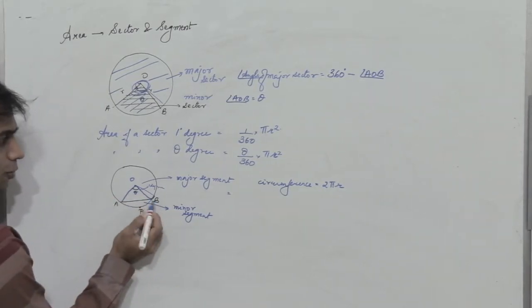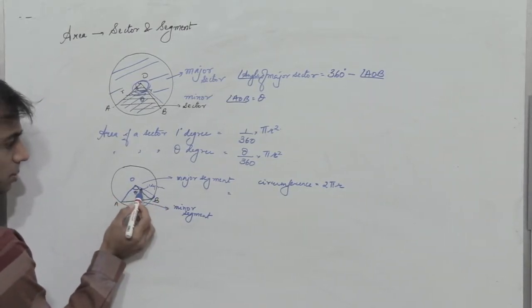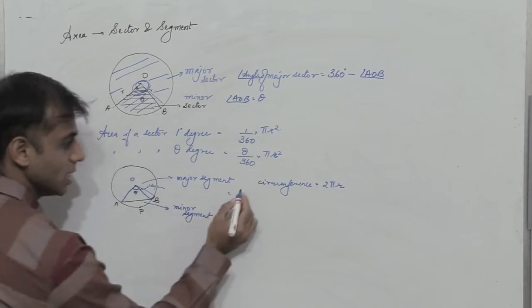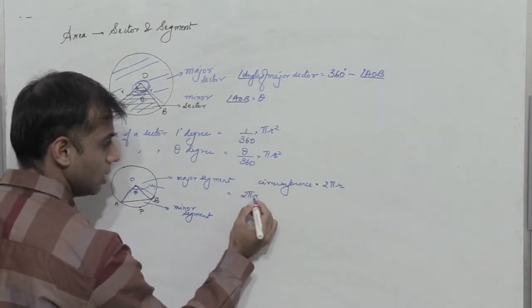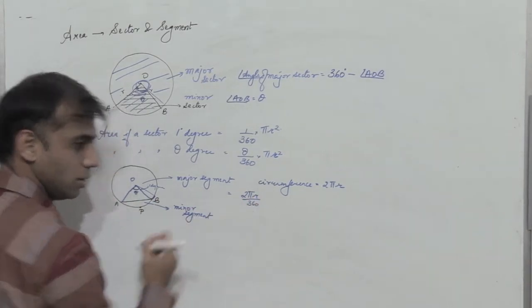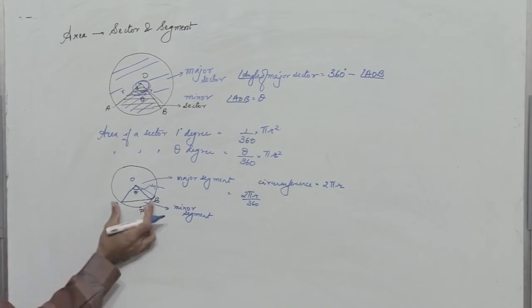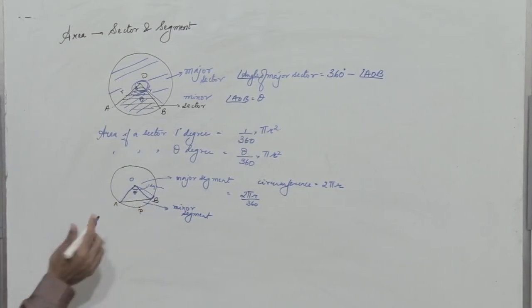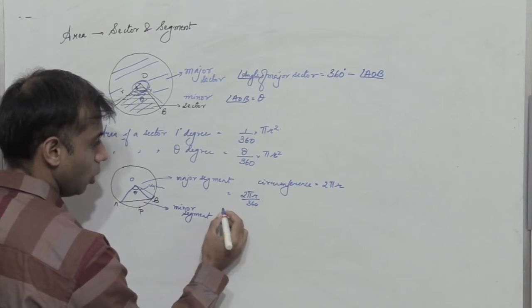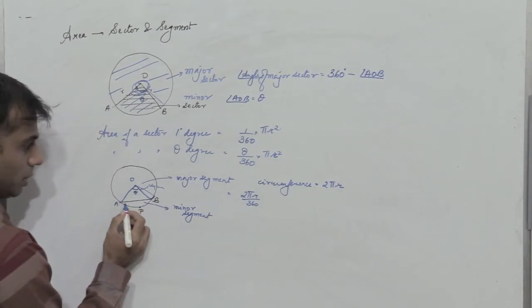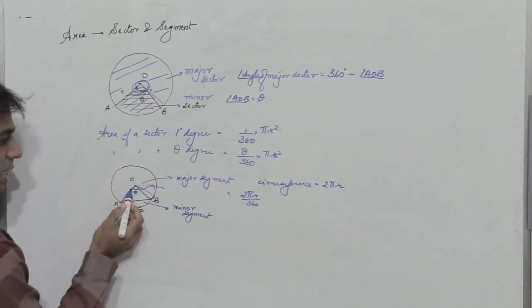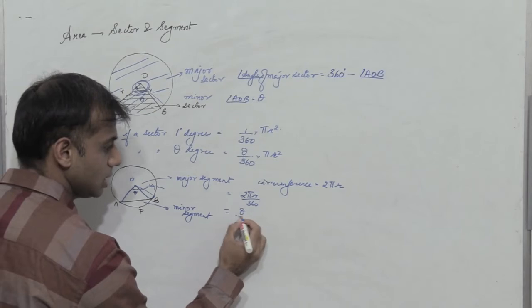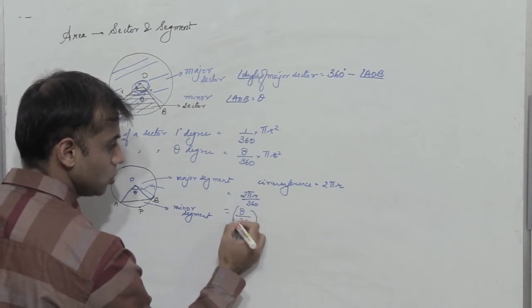So the length of the circumference made by an angle of 1 degree is nothing but 2 pi r divided by 360. Okay, but now here we have a minor segment which makes an angle theta. So what is the length? The length of the minor segment making an angle theta would be theta by 360 into 2 pi r.